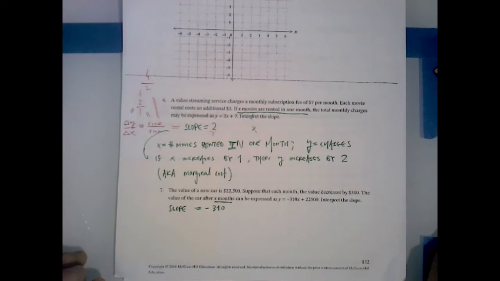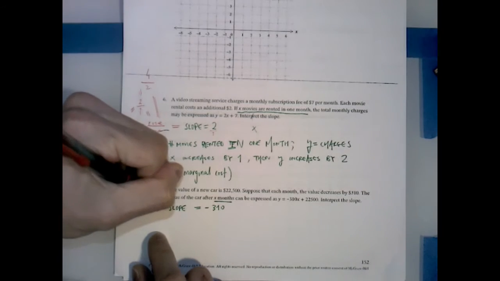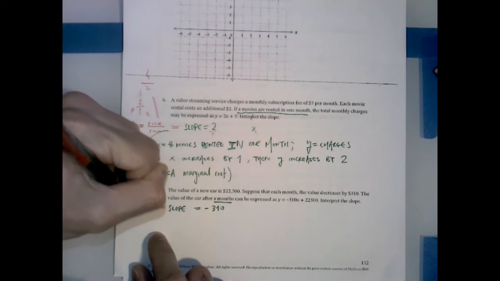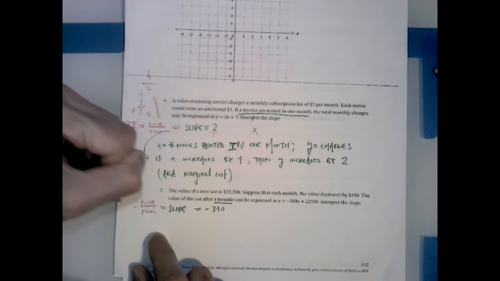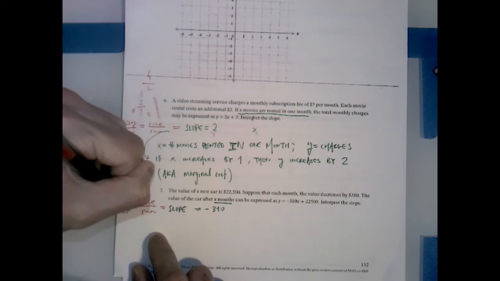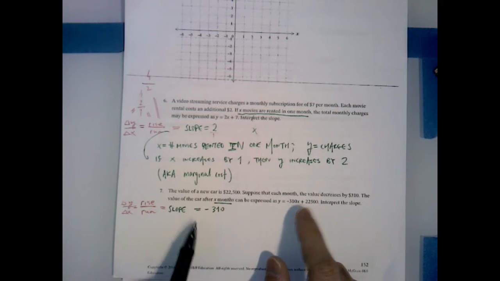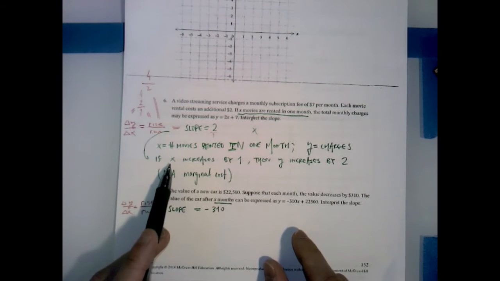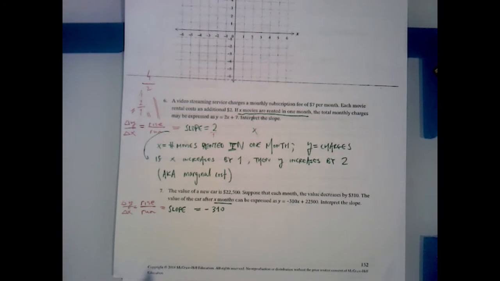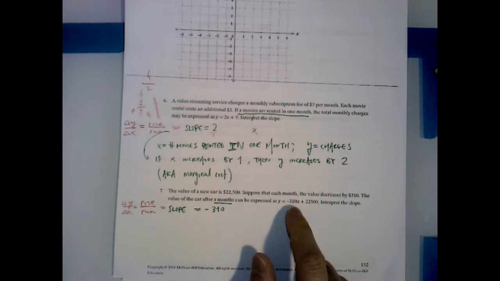Well, what does this mean here? If we think about what's going on, remember slope is rise over run. This is that delta y over delta x. One way you can think about this is that if a month goes on, x increases by 1, then the value of the car decreases by $310.